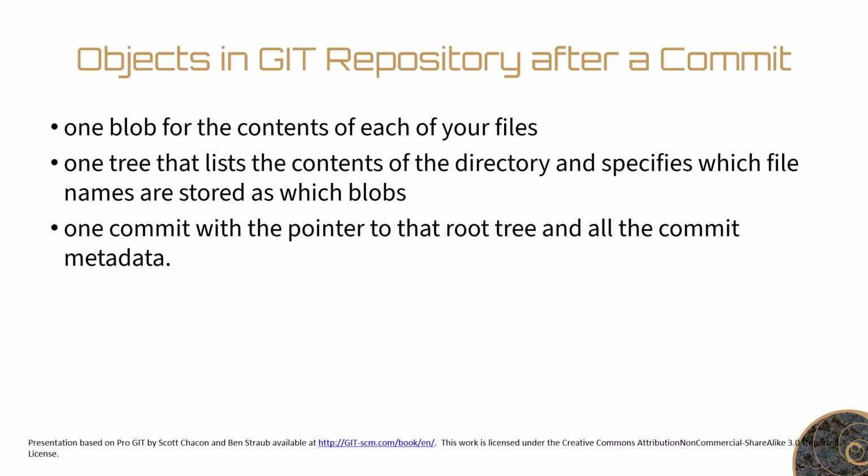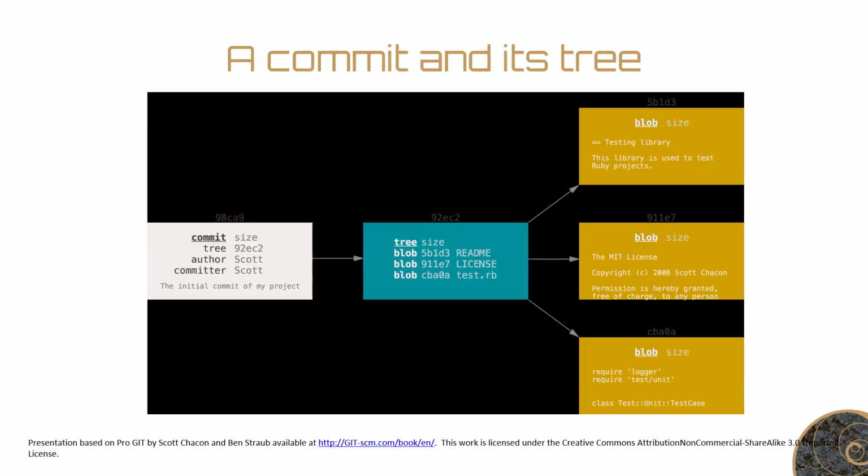And so in your Git repository, you have a blob for the contents of each of your files, a tree that lists the contents of your directory, and a commit with a pointer to the root tree and all the commit metadata. So it might look something like this. We have a commit, and we have several objects here.